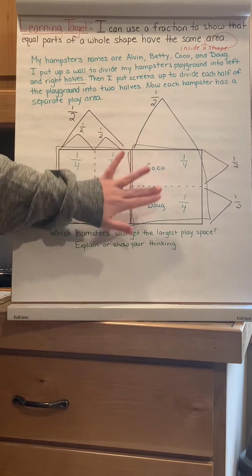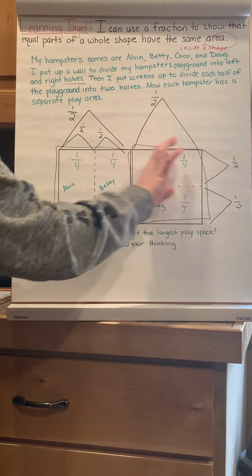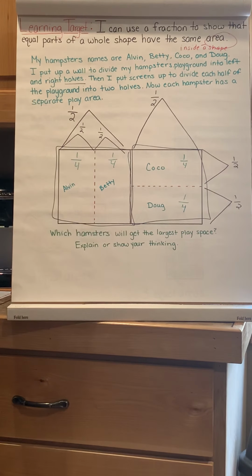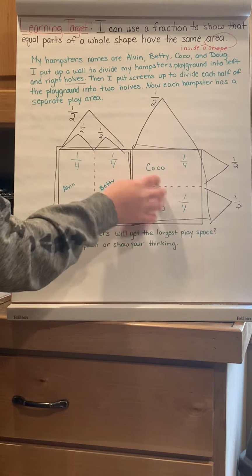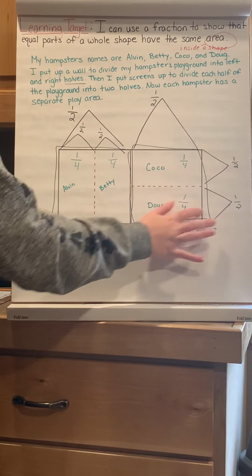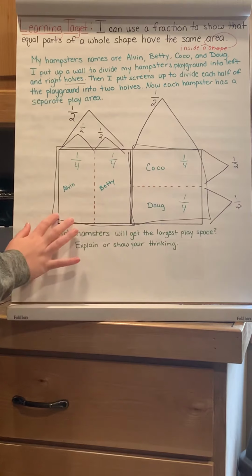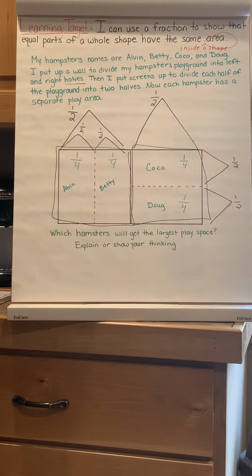Each play space is split into fourths, meaning each section has the same area. 1, 2, 3, 4 fourths gives me 1 whole, and this is 1 whole playground split into 4 equal sections.